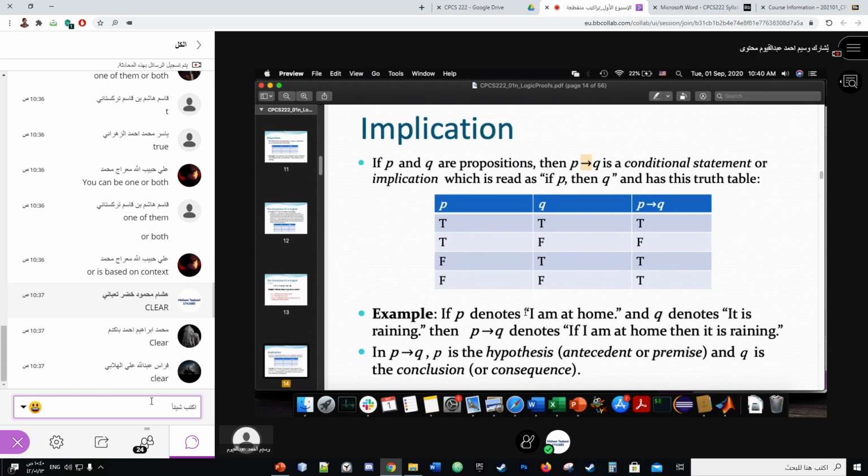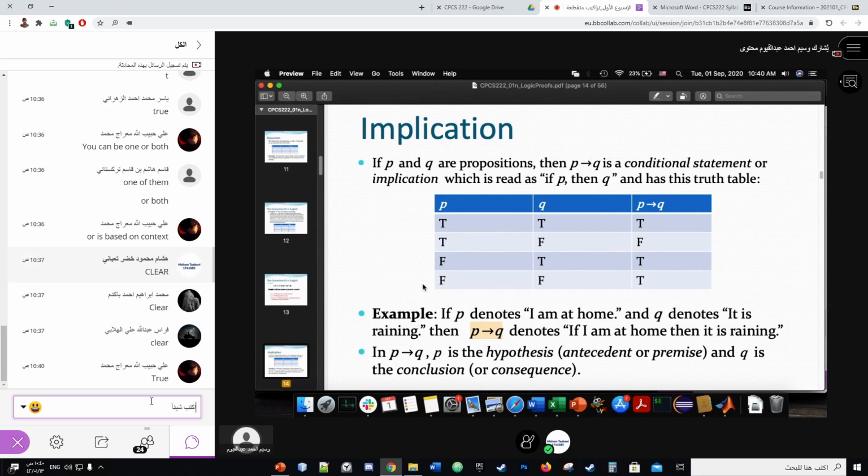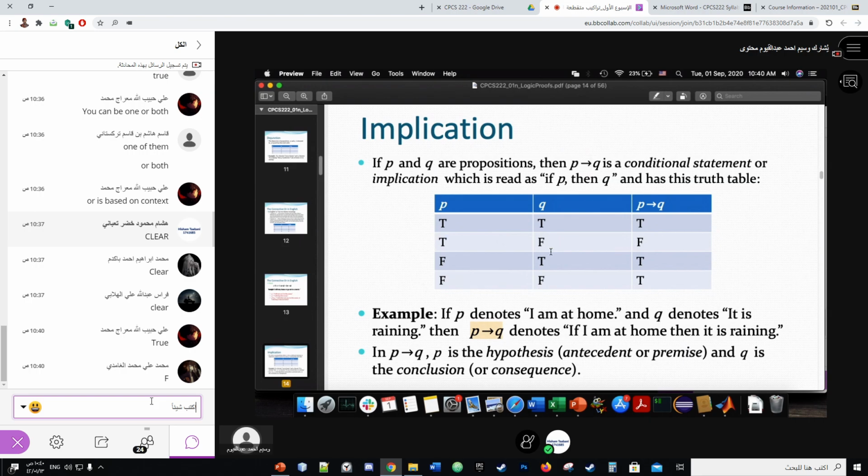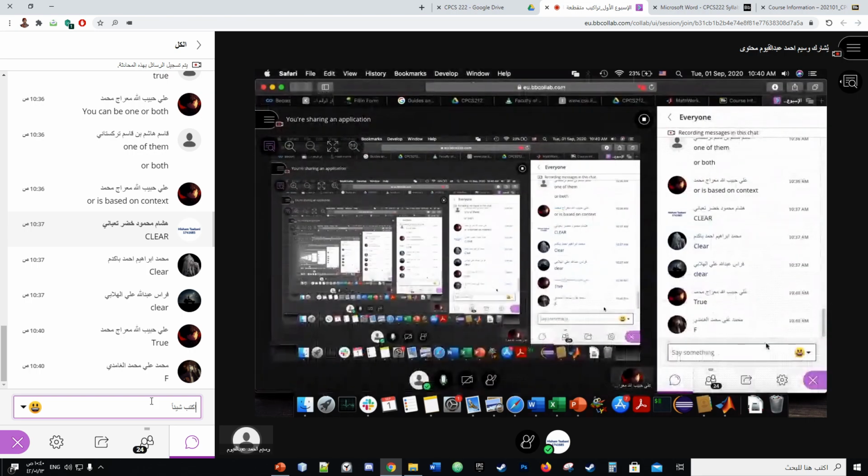So in our case, is this statement true or false? If P then Q. I am at home is true and it is raining is false. So P is true, Q is false, which means that the statement is false. Is that clear?